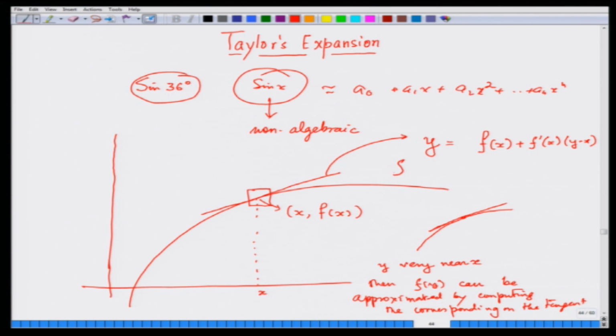So, I can approximate f at any other point, say y bar, as approximately equal to f of x plus f dash x into (y minus x). So, this is called the linearization of f, or the first order Taylor polynomial of f.